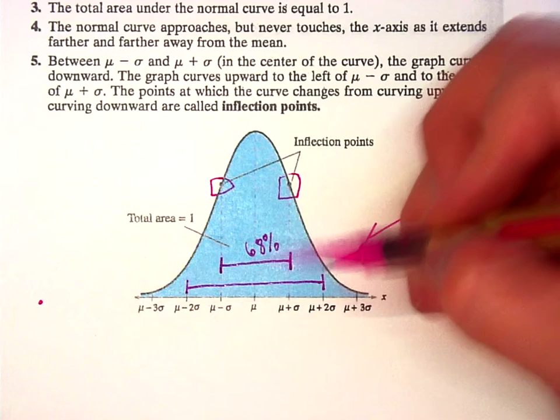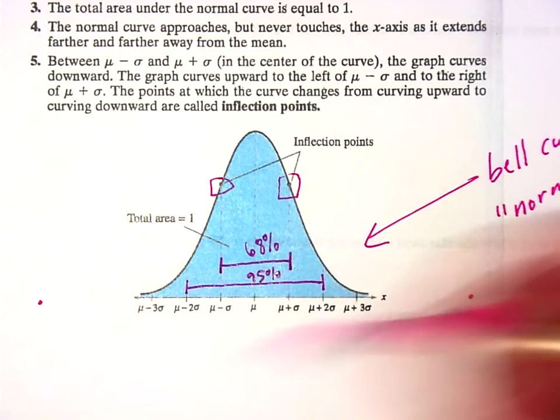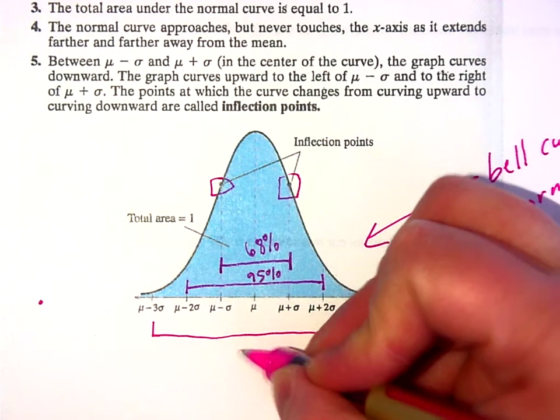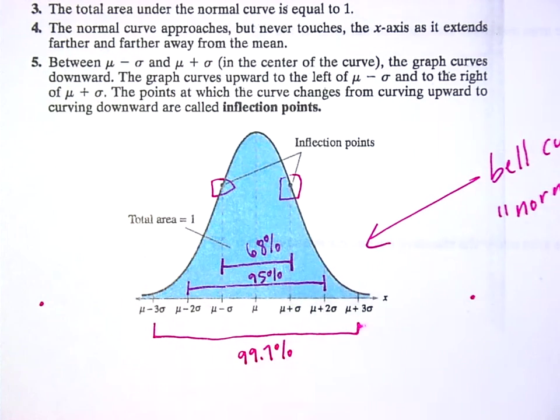Yeah, 13.5, 13.5, which adds up to 95% across the whole thing. And then these ones right here end up being, I think it was 99.7%. And then you've got 0.3% in the little tails on the edges.